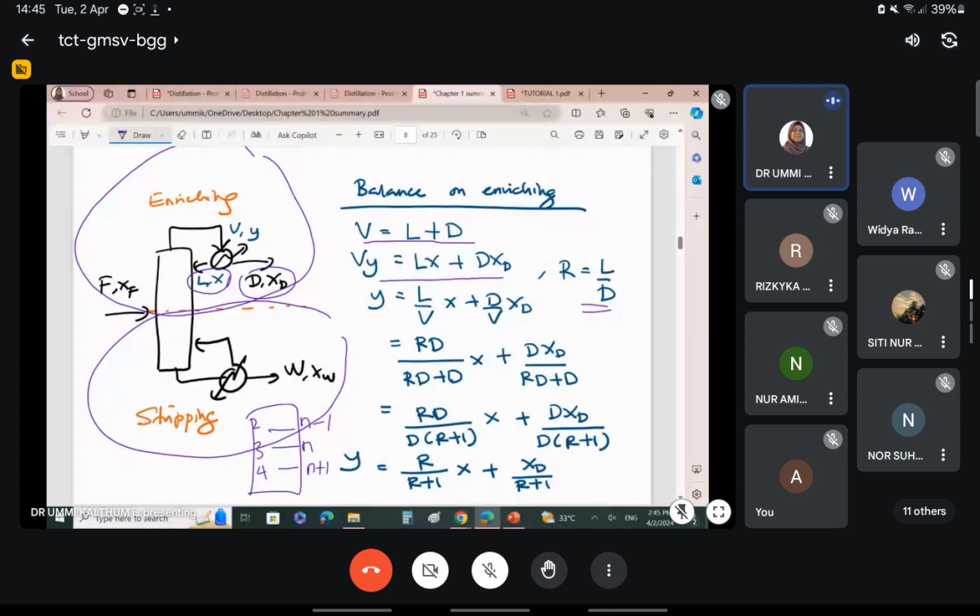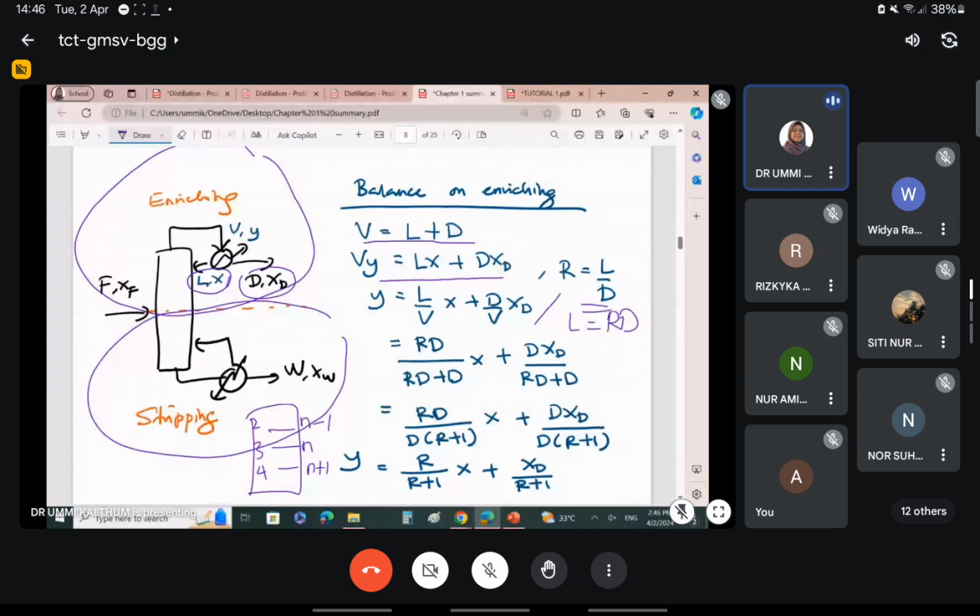Okay. So y sama dengan L over V x plus D over V xD. Okay. So gantikan L sama dengan RD.